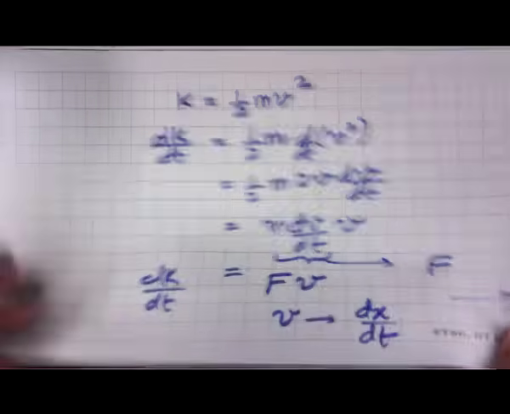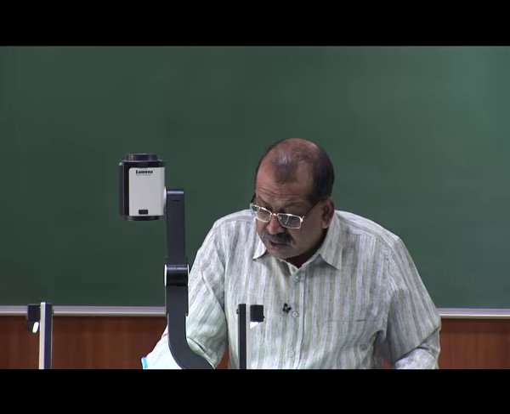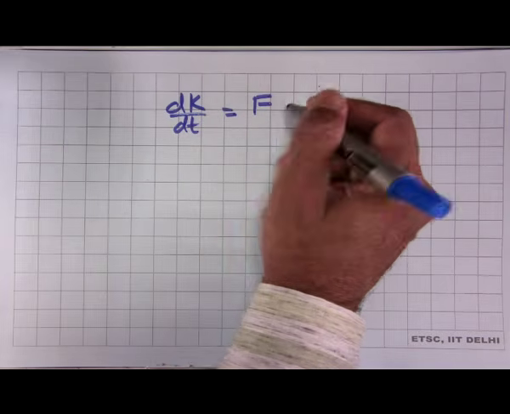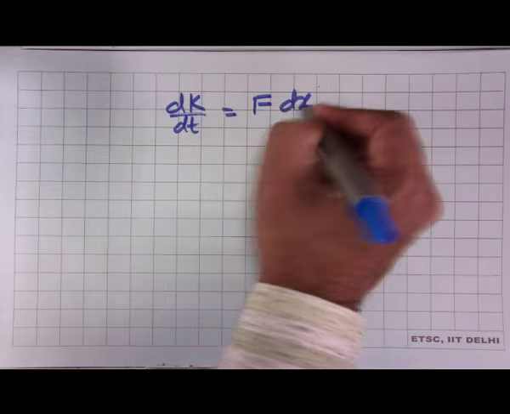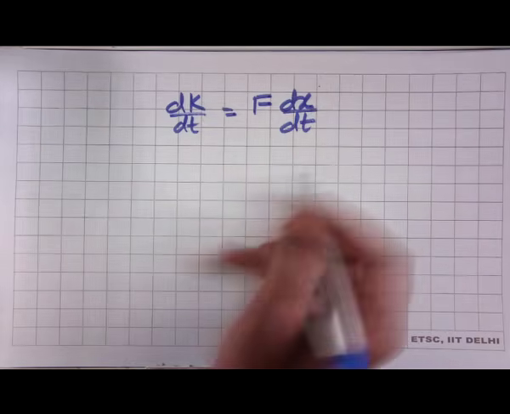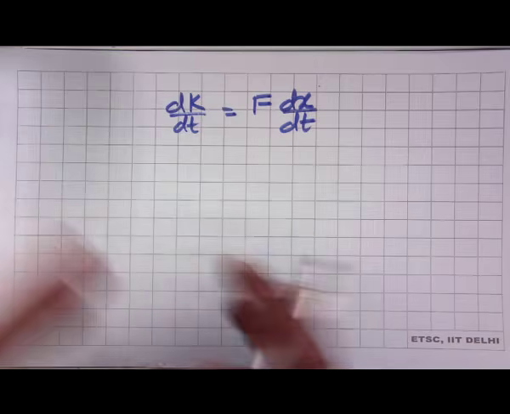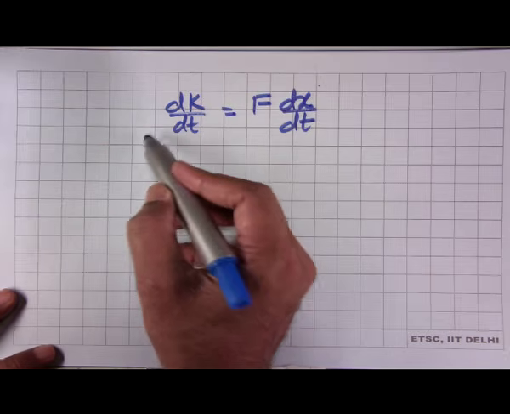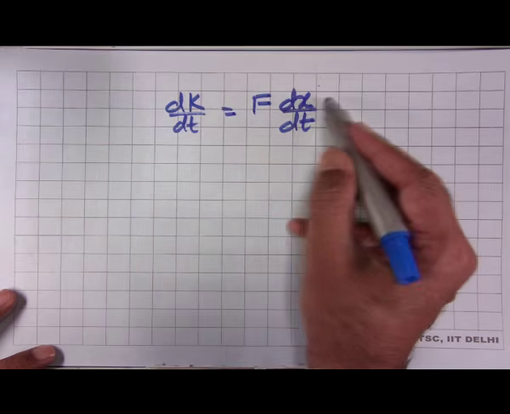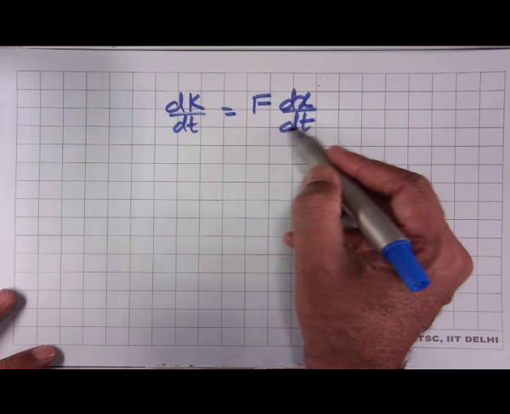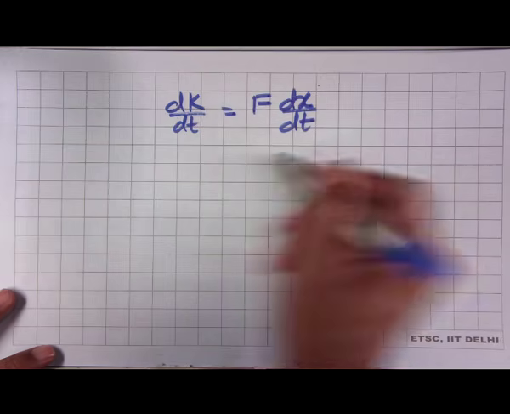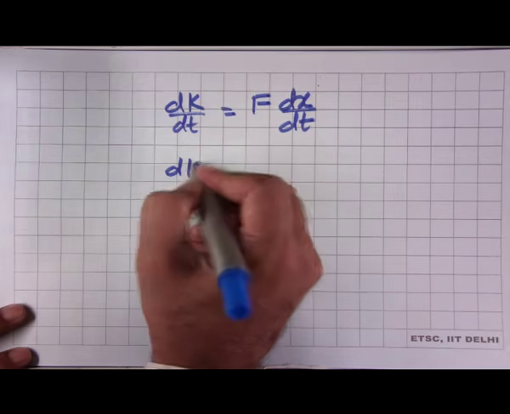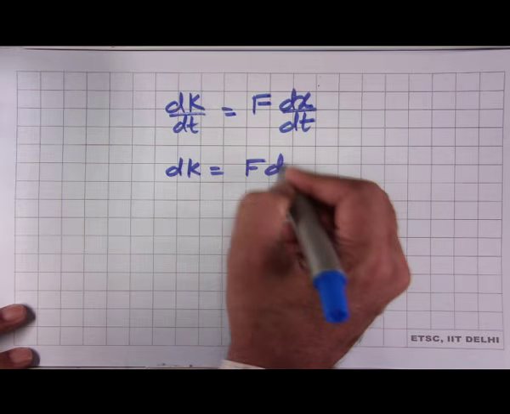So, therefore, what we get is dK by dt is equal to F times dx by dt. If we use the notation that dK by dt is delta K by delta t in the limit delta t goes to 0, and dx by dt is delta x by delta t in the limit delta t going to 0, then delta t on both sides can go away, and this will give us dK is equal to F dx.